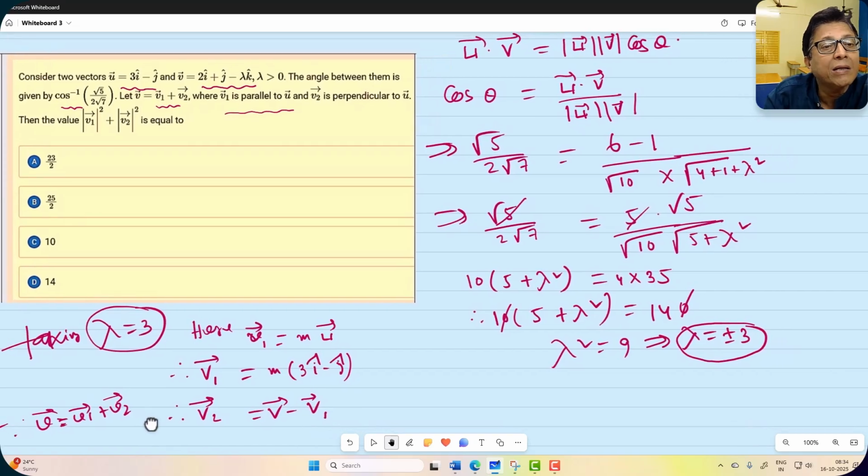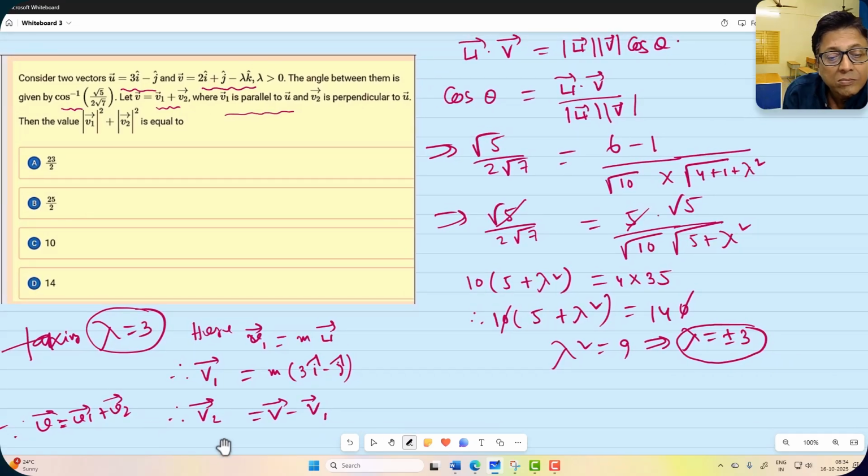V is given 2i plus j, and lambda you got, minus 3k. Okay. V2 vector will be actually V minus V1.